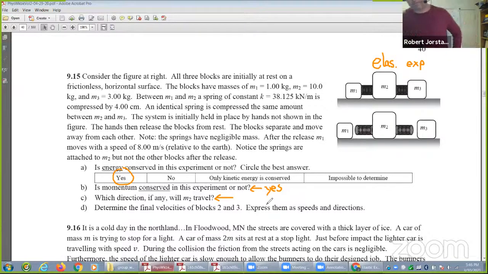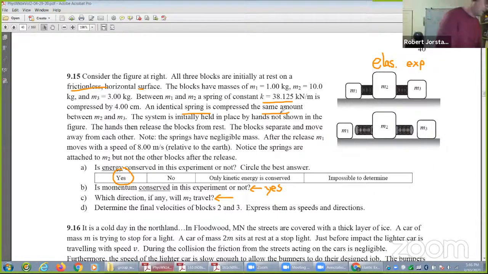What do you think? Is friction negligible? Friction is negligible. We got a frictionless horizontal surface. The springs are identical. Identical spring, identical compression. I think it will move to the left a little bit.